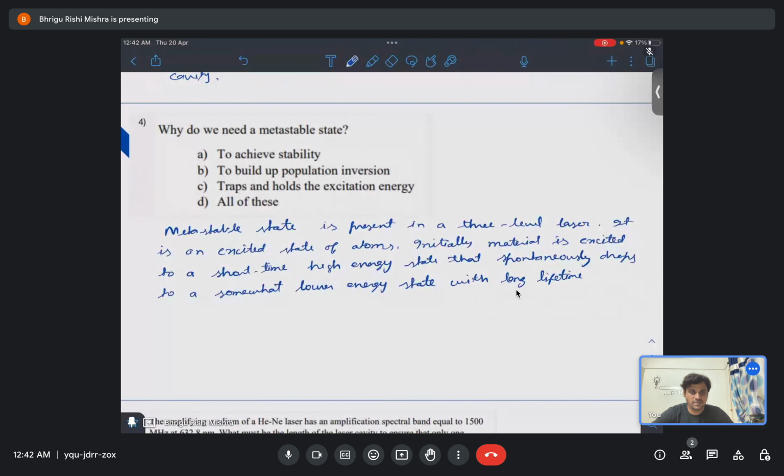Okay, so this state is the metastable state, which has a long lifetime.